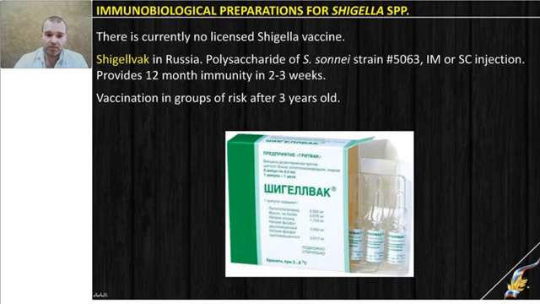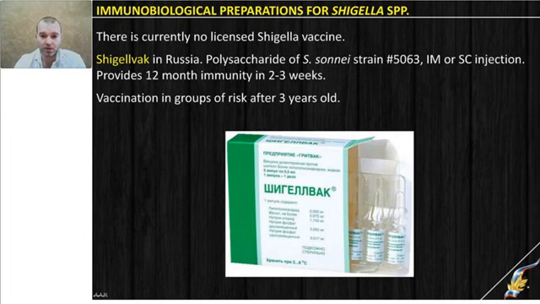So, officially we have no licensed Shigella vaccine on the international level. In Russia we have our own vaccine, known as Shigella. It is a polysaccharide vaccine of Shigella Zonne. It can be used as an injection and provides immunity for about 12 months. Usually we recommend that vaccine for people who are going to travel to endemic countries, or for laboratory workers, or those people who have a high risk of contact with Shigella.